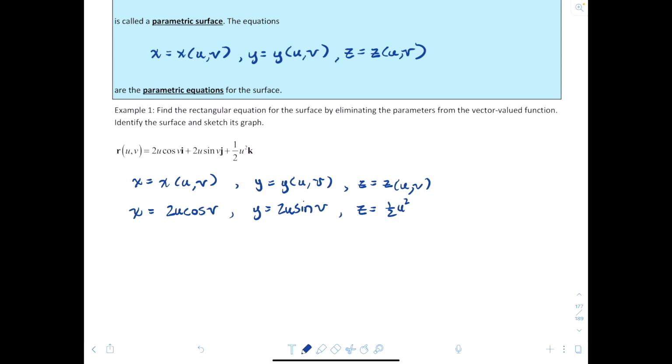But let's look at the x and the y. Do you see they both have that? They have a cosine at v and a sine at v, and then they also have that 2 times u.